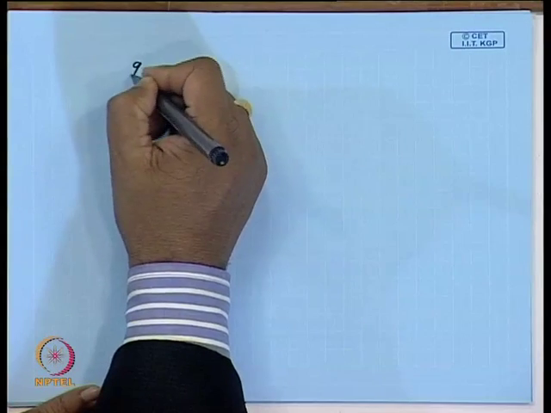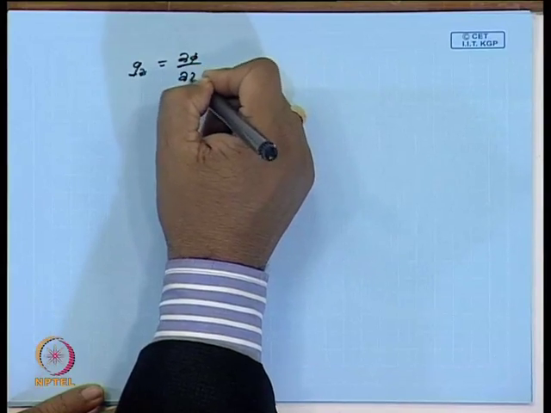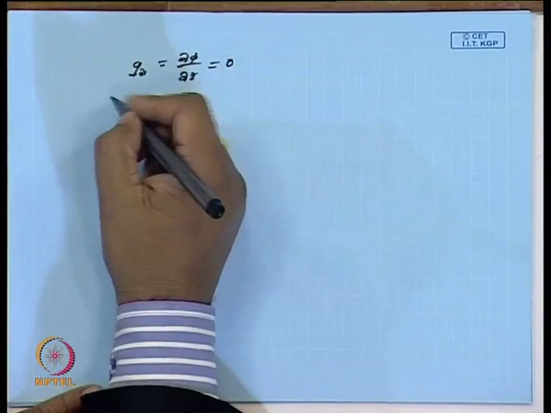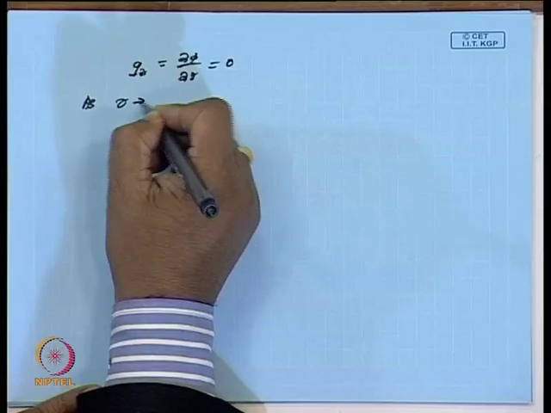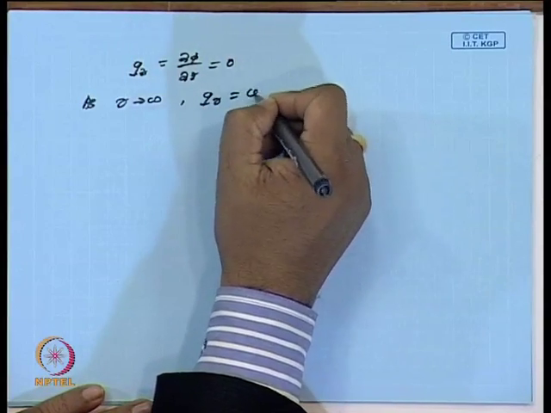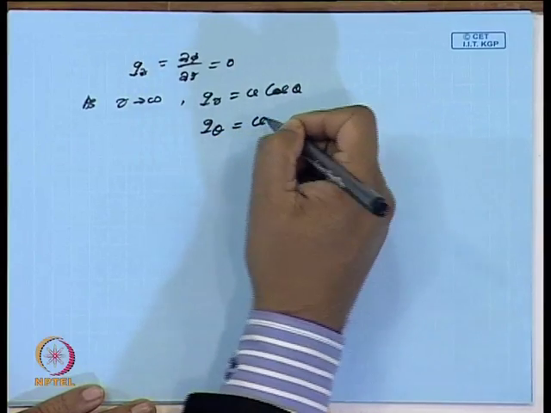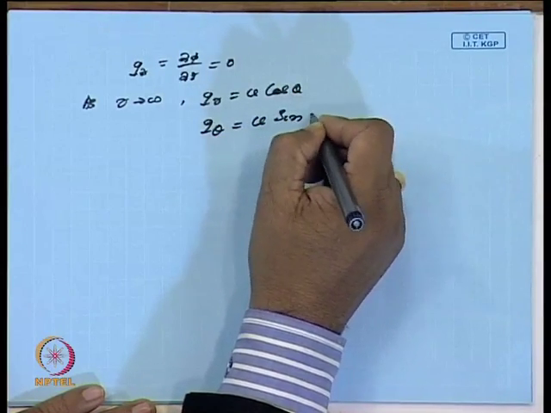Now, what will happen to q z? Because I am considering a 2 dimensional flow, it will be del phi by del z, that is 0 here. So, as r tends to infinity, we have q r is u cos theta and q theta is u sin theta.